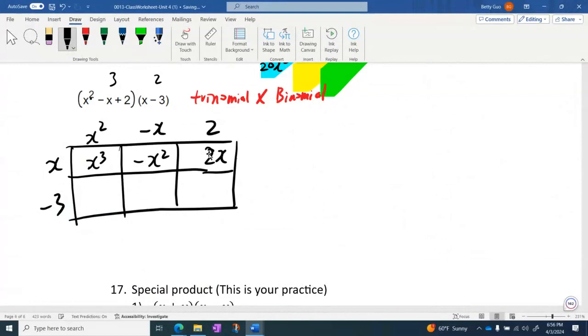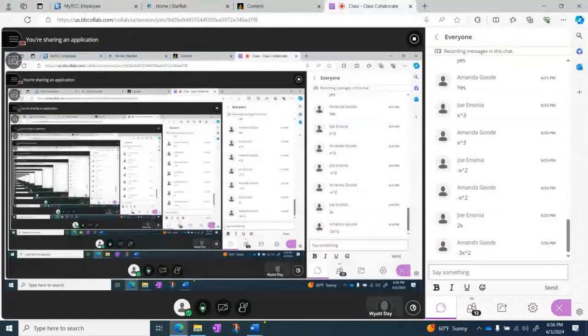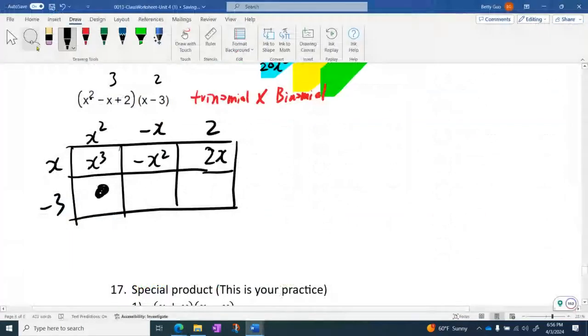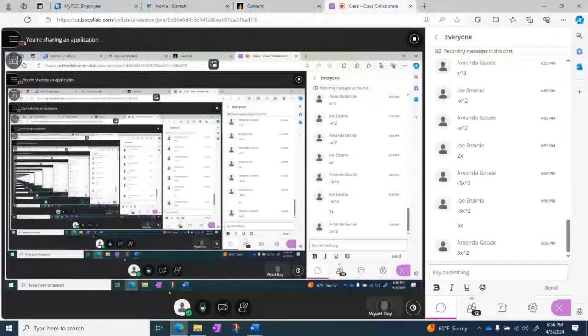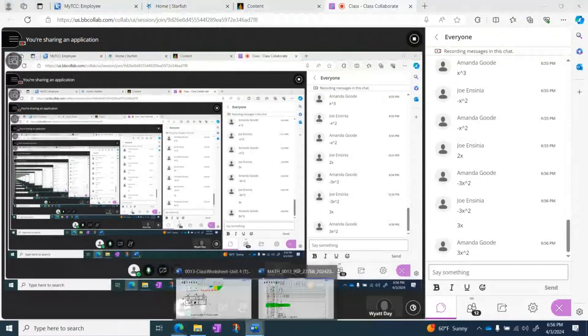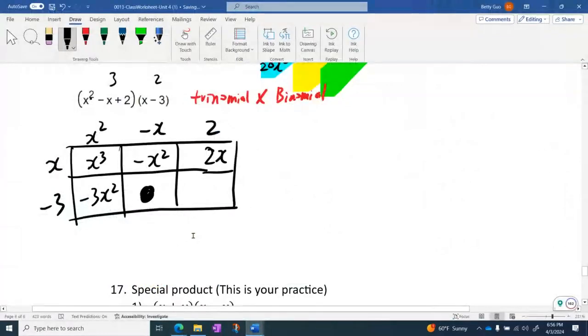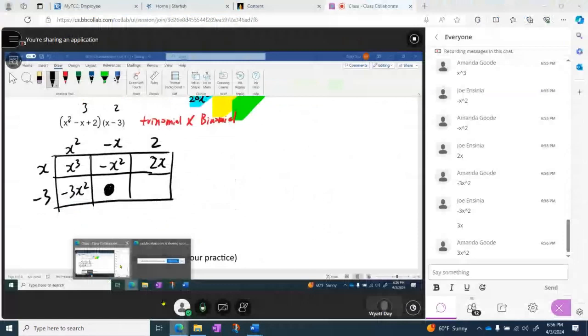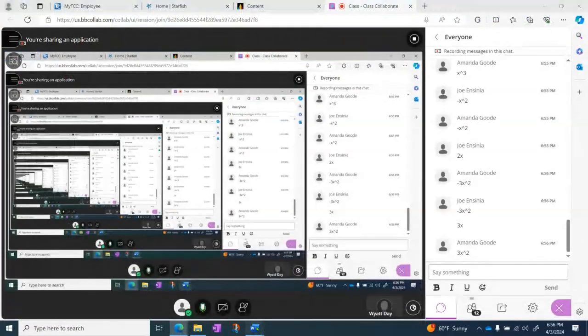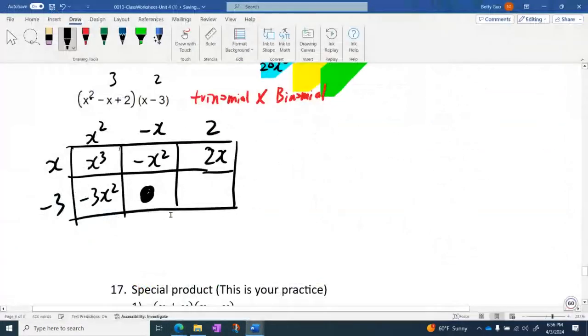Okay, and what's going to be here? Row 2, column 1. Negative 3x squared. Perfect. Negative 3x squared. And what's going to be here? Row 2, column 2. Be careful with the sign. Hold on, my bad.